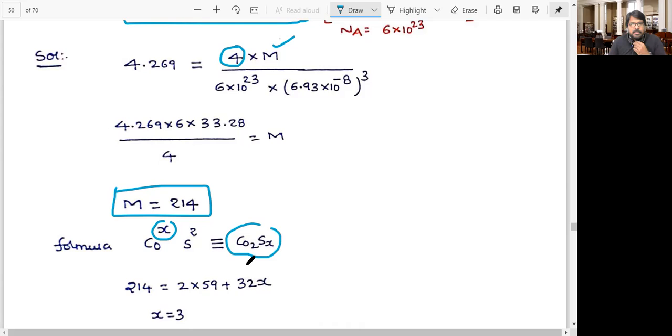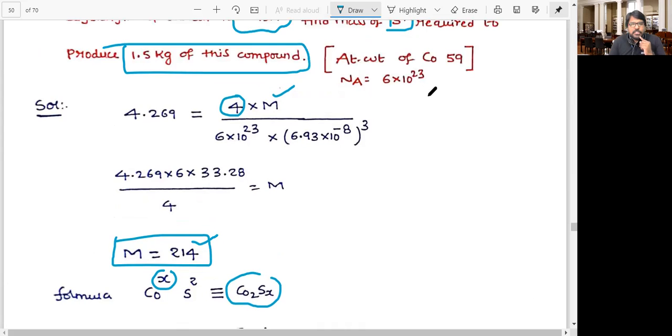Alright. Now, what is the molecular weight? 214. What is the meaning of molecular weight or formula weight? It is the sum of the atomic weights of all elements present in one formula unit. What is one formula unit? Co2Sx. What is the cobalt atomic mass given in the question? 59, right?